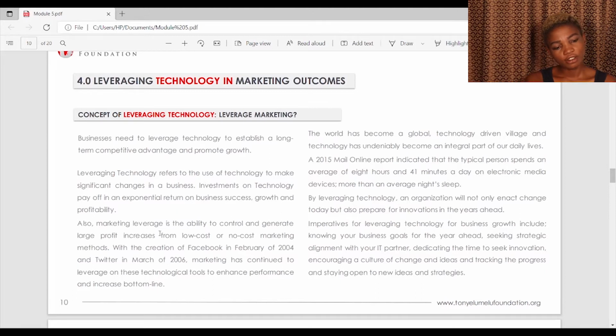Also, marketing leverage is the ability to control and generate large profit increase from low cost or no cost marketing method. With the creation of Facebook in February 2004 and Twitter in March of 2006, marketing has continued to leverage on these technologies to enhance performance and increase bottom line. That's it.